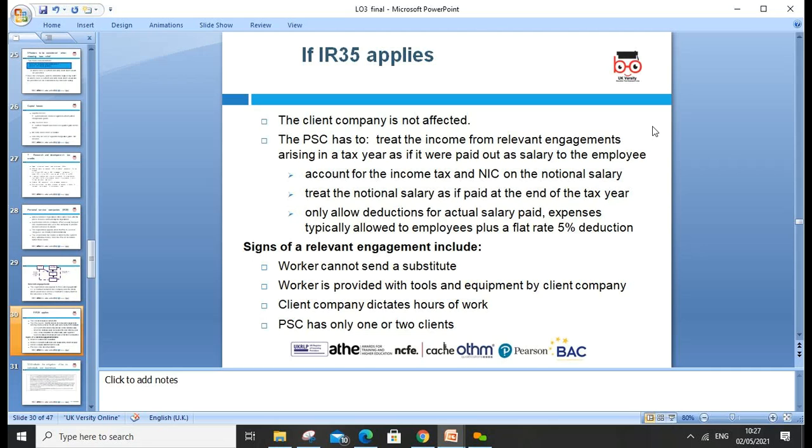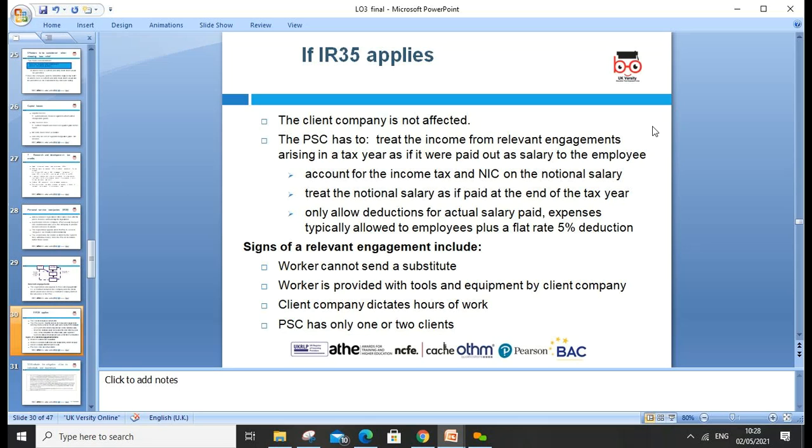The PSC has to treat the income from the relevant engagement as arising in the tax year, and if they paid out salary to employees, account for the income tax and NI on that salary. We need to treat the salaries as if paid at the end of the tax year, with only deductions for the salary paid and the expenses typically allowed to employees, plus a flat rate 5% deduction.